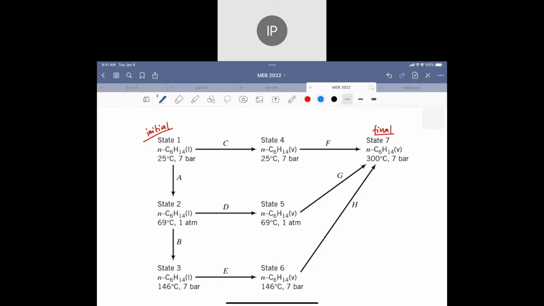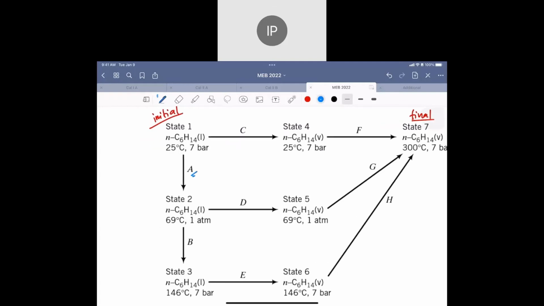Let's say from state 1 to state 2, it goes by A. So we start with changing the temperature to 69, which means 69 is our boiling point. So T is increasing.